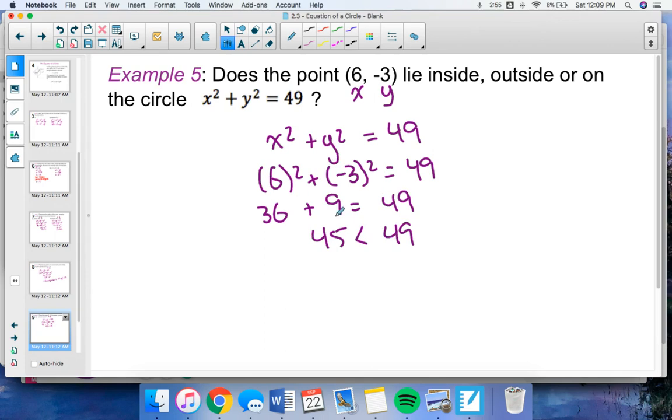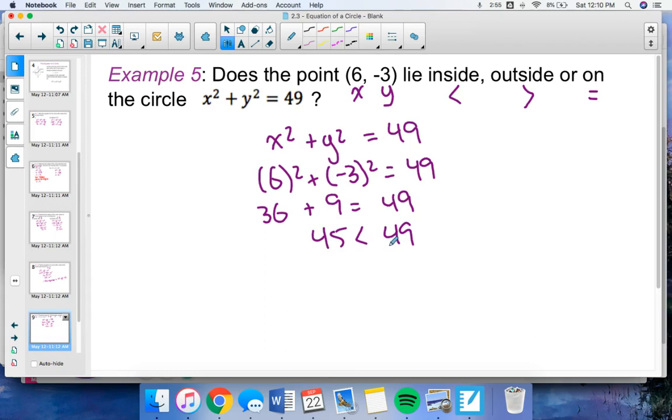So what does that mean? So if our value is less than, that means the point is going to be inside our circle. If this value is greater than 49, that means our x and y coordinate is going to be outside. Or if we had 49 equals 49, that means it's on the circle. Okay. So if this value is smaller than our r squared value, inside.